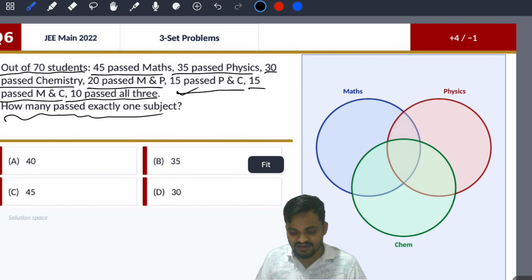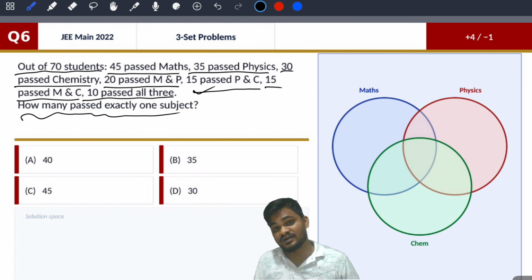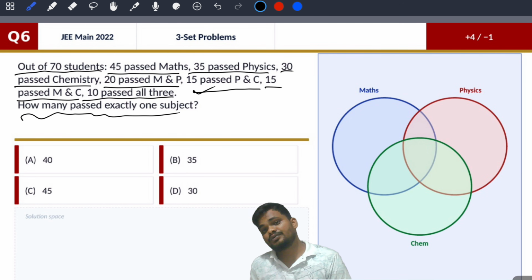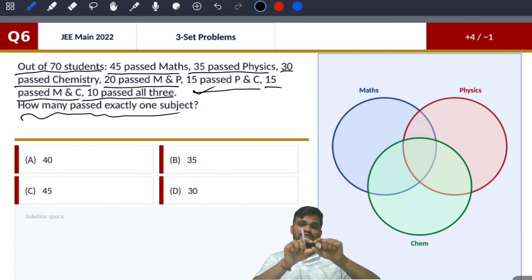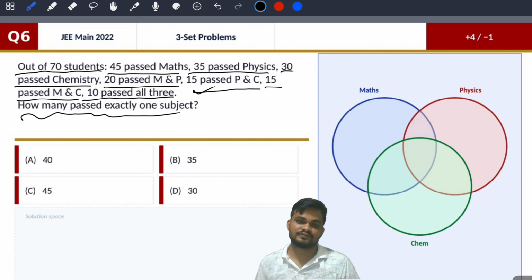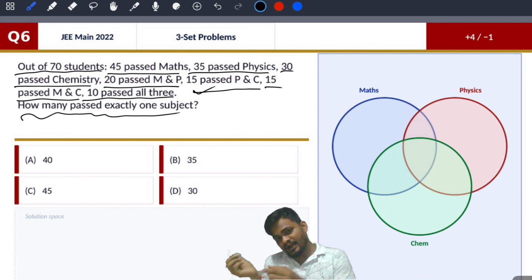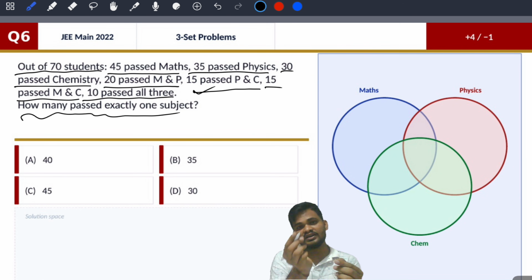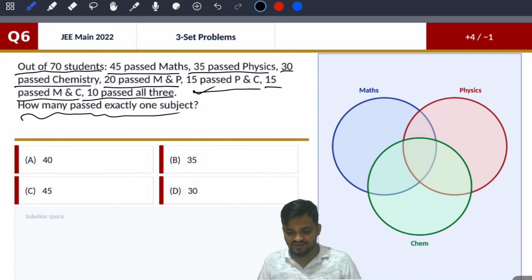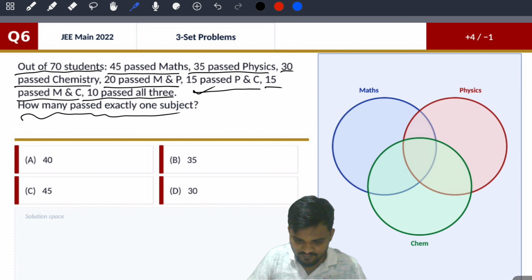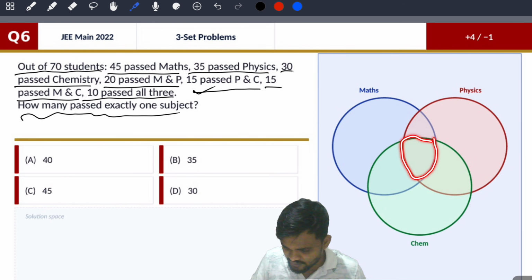How to fill data in the Venn diagram is exactly the same as in the two set problem. What do you do in the two set problem? Fill the innermost, move to the outermost, and from the end of the data, fill the data till the starting. So here the innermost region we have to fill first.